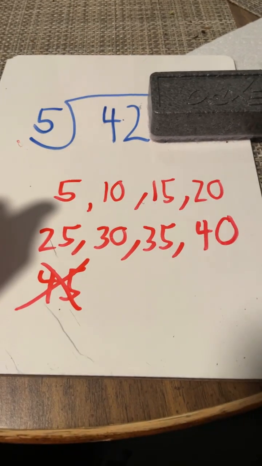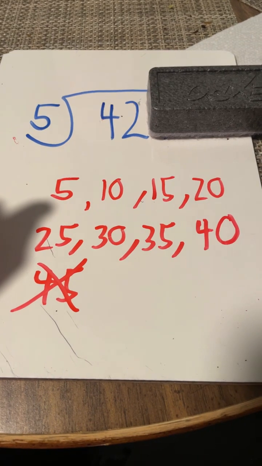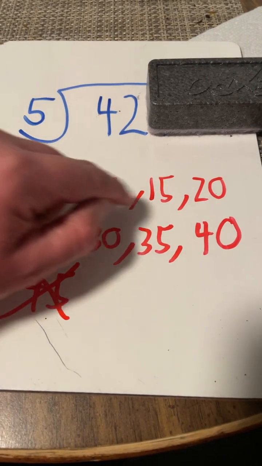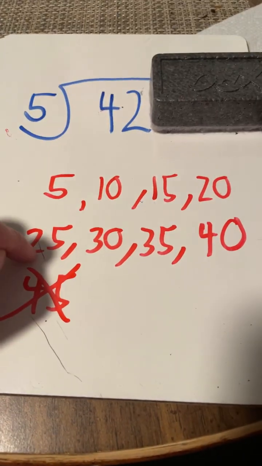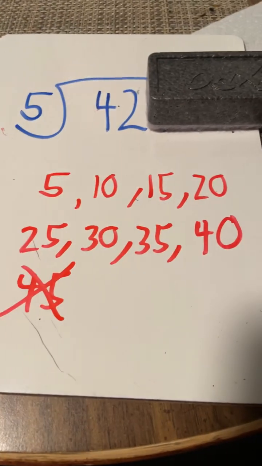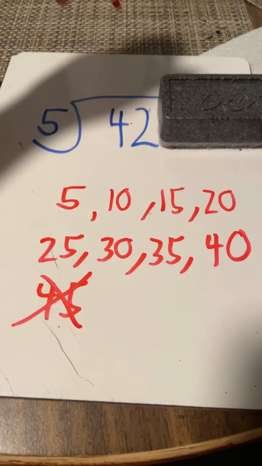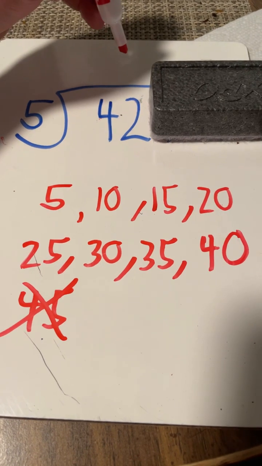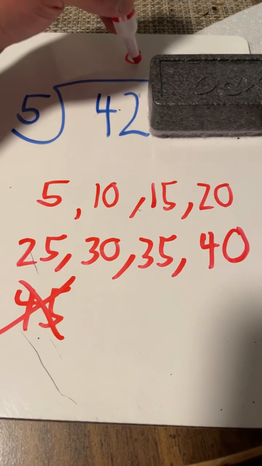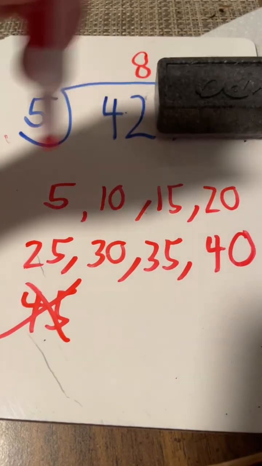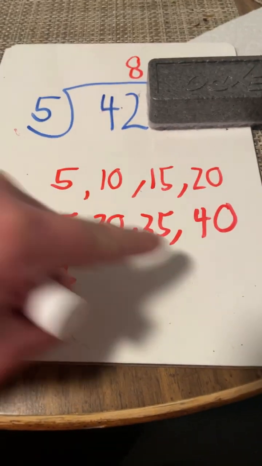So now I'm going to see how many times did I skip count by 5 to get to 40. 1, 2, 3, 4, 5, 6, 7, 8. So 5 goes into 42 8 times. And when we skip counted by 5s, we landed on the number 40.